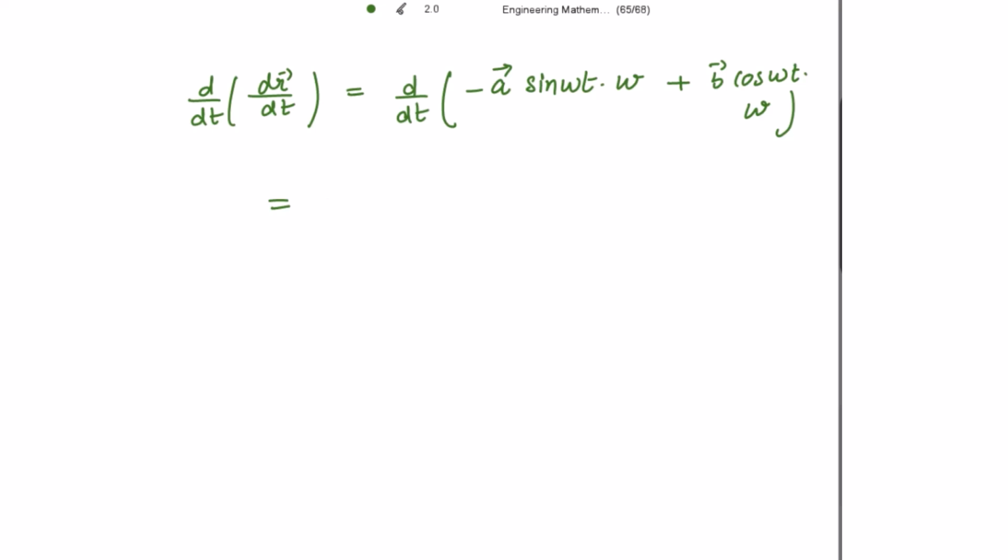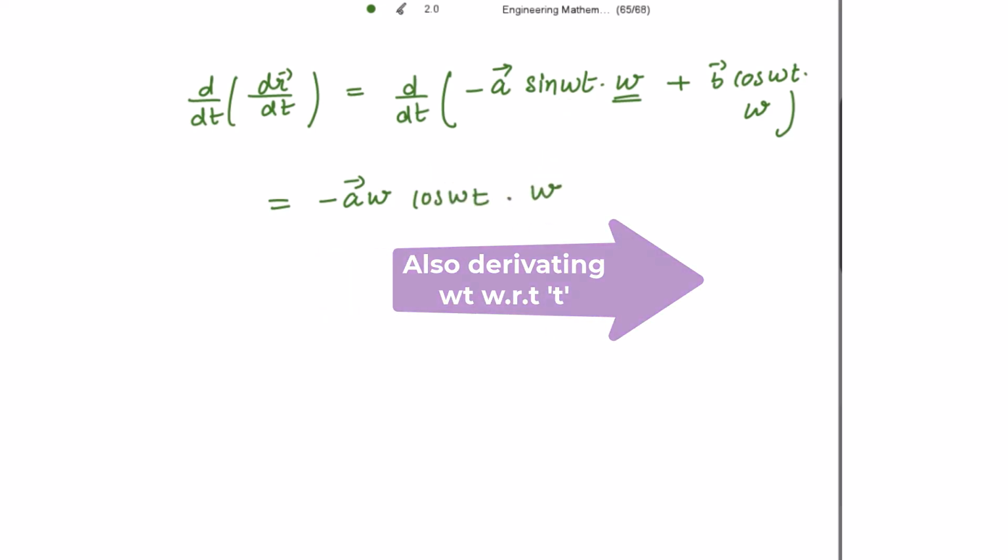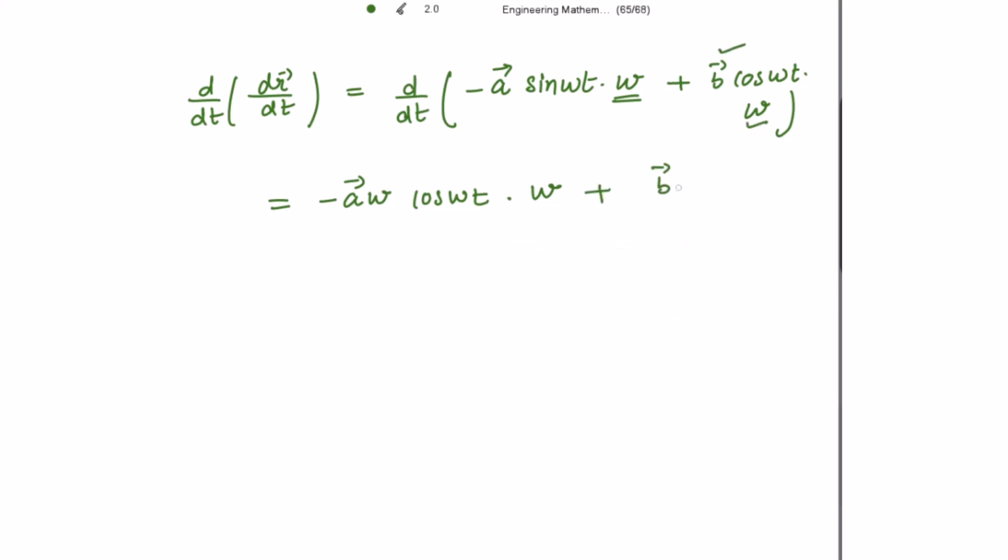Because minus a vector is a constant vector and we need to differentiate sine wt with respect to t, and also w is constant, I am taking this outside. So differentiating sine wt, we have cos wt multiplied with w, plus b vector is constant, w is also constant, differentiating cos wt with respect to t, we have sine of wt with negative sign, and also w is multiplied with this.